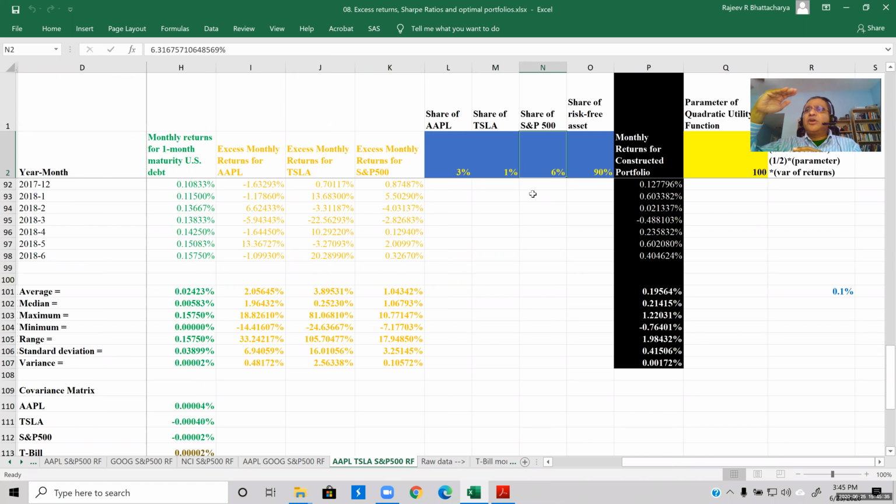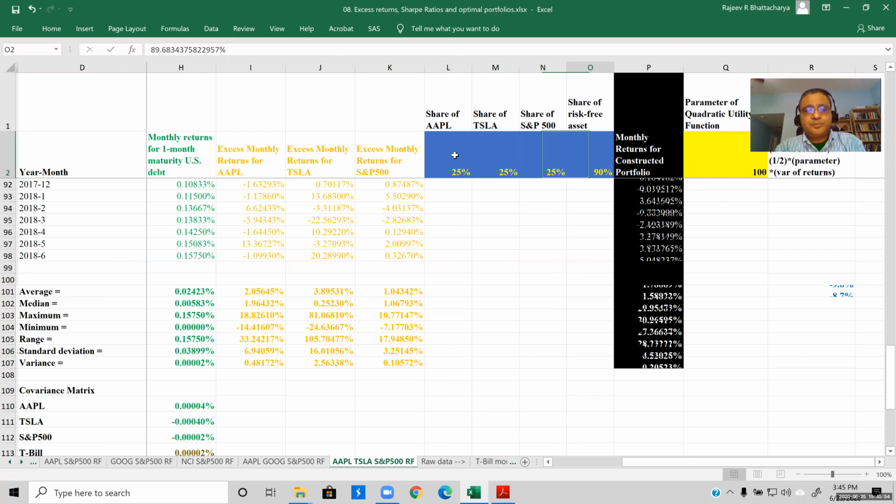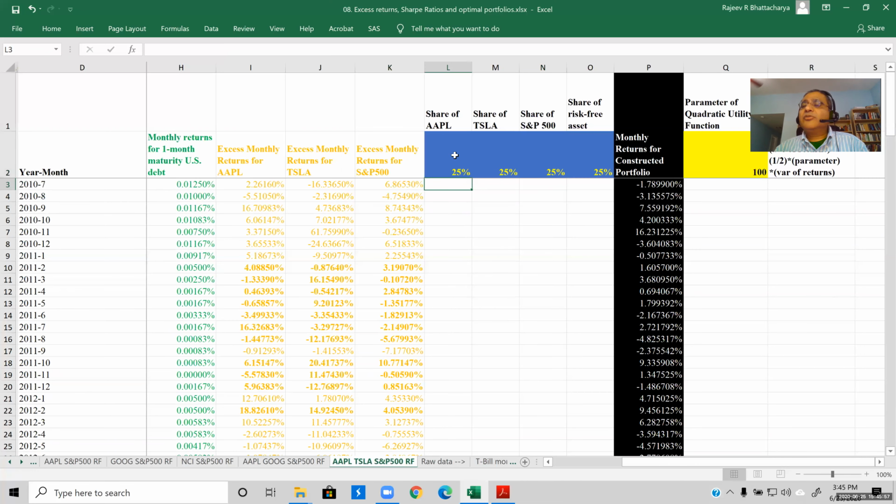It is lower volatile, its expected return is lower than Apple or Tesla, but its volatility is also lower than those two equities. But the risk-free asset is, now these things just kind of, let's start with equal proportions. All right. And let's figure out what the optimal portfolios will be.